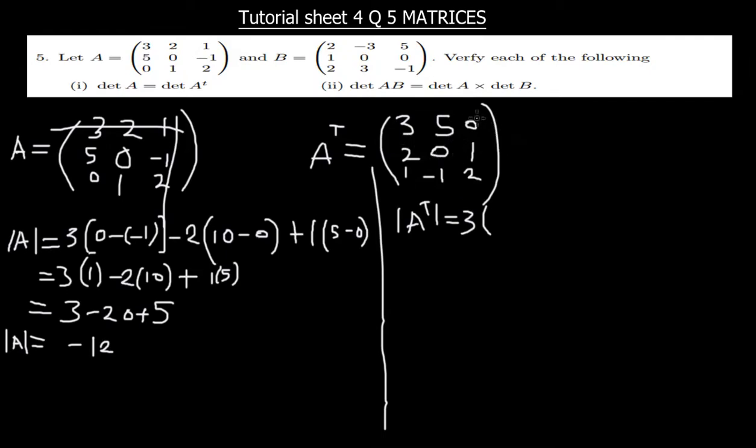So we say 0 times 2 you get your 0, minus negative 1 times 1 you get your negative 1 there. We're trying to prove if this is going to give us the same answer.